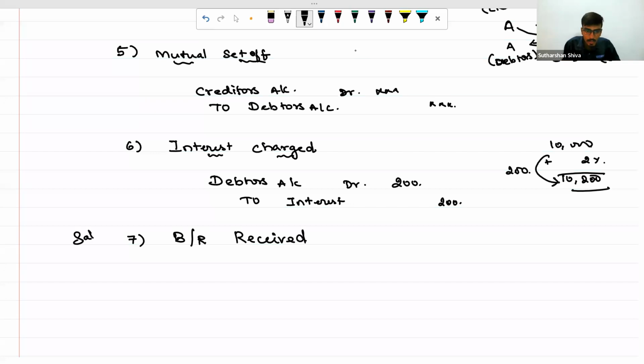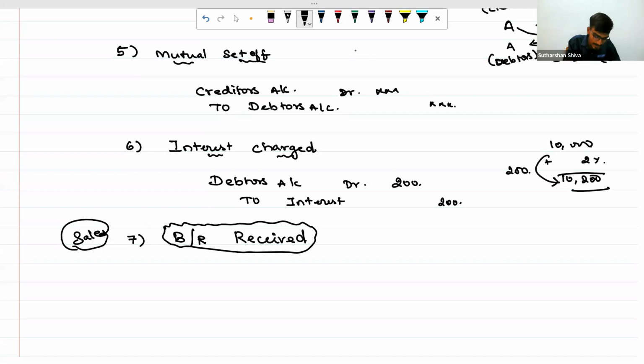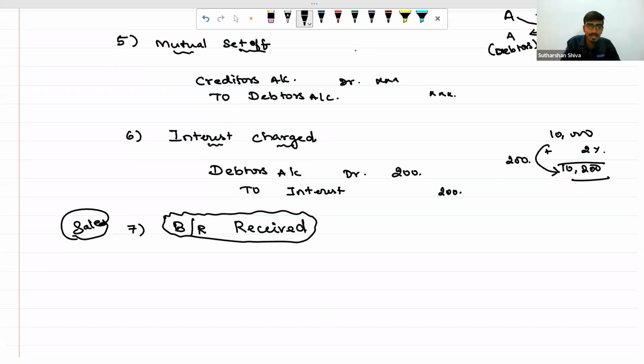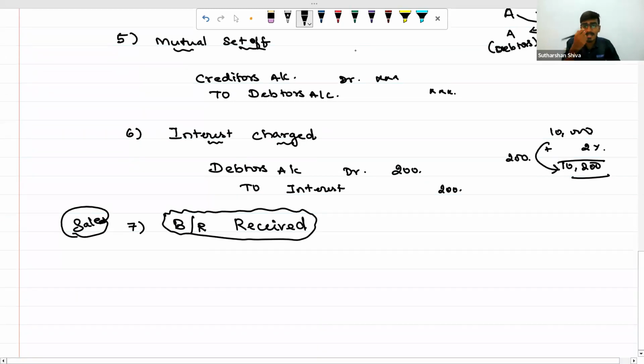Whenever sales happen, you come across bills receivable. Whenever purchases happen, you will come across bills payable. Bills receivable received means the debtor is committed and ready to pay, but after 10 months or after 2 months or after 90 days or 60 days, as per the agreement.